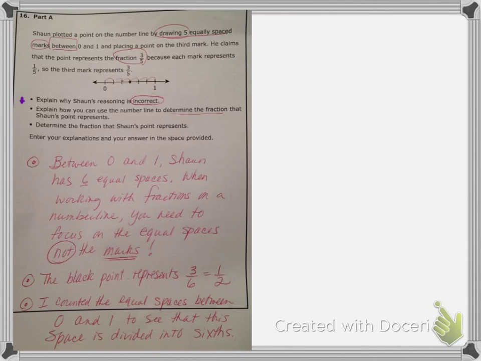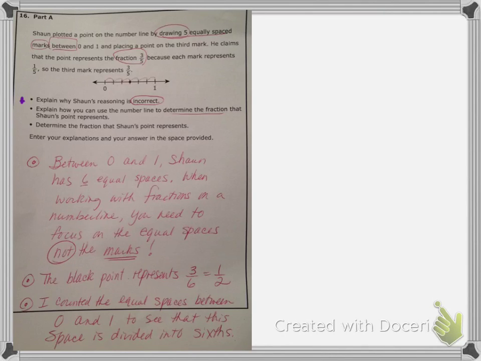If you look closely at my markings in red, from 0 to 1, you see that there are 1, 2, 3, 4, 5, 6 equal spaces, okay? So between 0 and 1, Sean has 6 equal spaces. When working with fractions on a number line, you need to focus on the equal spaces, not the marks.